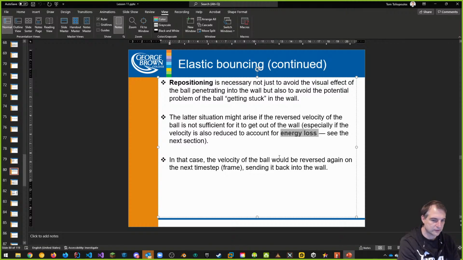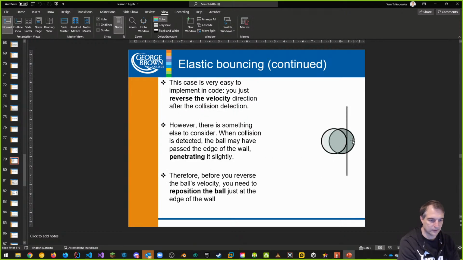In that case, the velocity of the ball would be reversed again on the next time step or frame and send it back into the wall. So again, going back to this, imagine if it's the other way around, so we even have a ball that's further in. Let's see if we can draw the shape just to really describe this idea. This is the ball here.